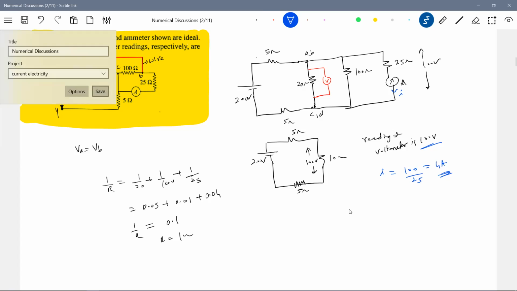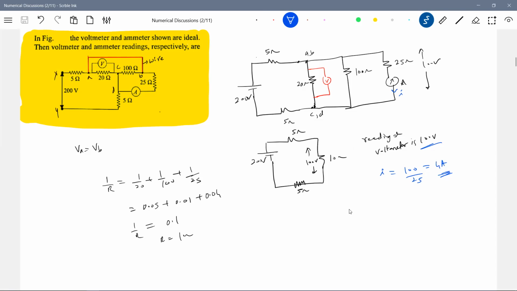Not only for you, even for me also: current electricity, extra alert, everyone. So what are the things, like series, parallel? Then after series, parallel, what will happen? You go for the loop method, loop analysis, nodal analysis, Wheatstone network, equipotential, symmetry.